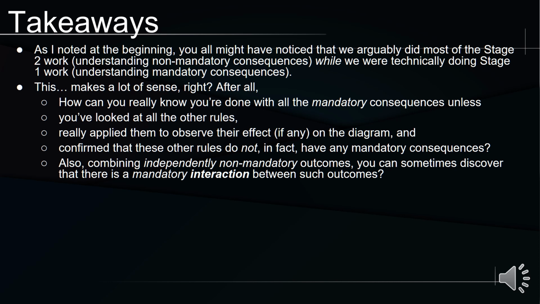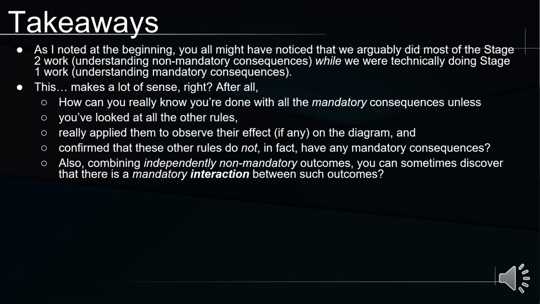Also, what you might have noticed is that by the time we got to stage 2, even though we thought we were done with mandatory consequences, actually we weren't, because by combining independently non-mandatory outcomes you can sometimes discover a mandatory interaction between such outcomes. The example of this would be Rule 2, positioning H to the left of J and K. Just on its own, and just compared to the initial diagram where we had R at the first slot and S at the fifth slot, that and Rule 2, those two things alone didn't really set anything in stone.